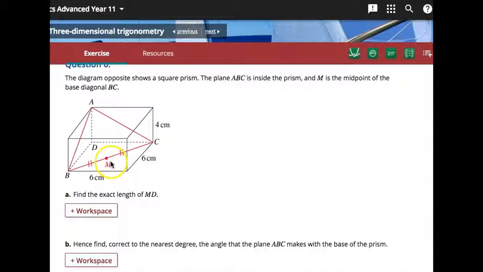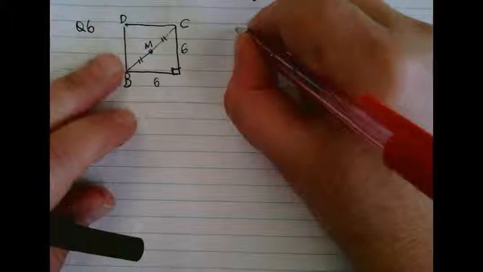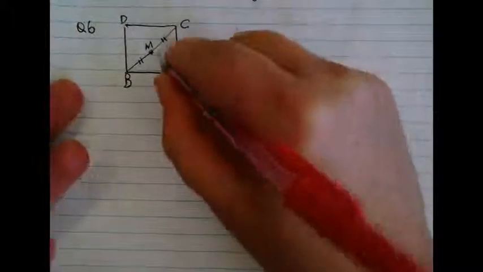Well, girls, before you even start, you're probably thinking, but I know BD. So what I'm going to do, I'm going to draw a square. Start with this, girls. MD. For a start, that is a square. Tell me about the diagonals of a square. They're equal in length. I'm just going to call this one E, because A is somewhere else in the diagram.